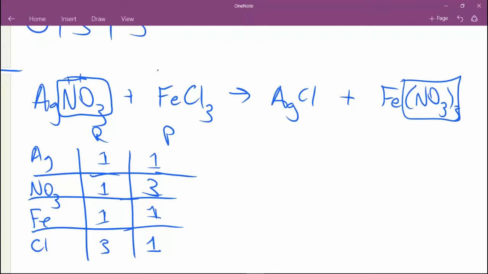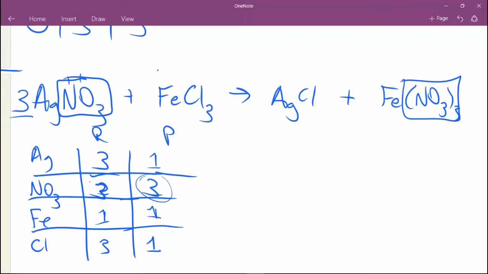Okay, so let's go ahead and see what I want to balance first. Let's start with nitrate. If I want to balance the nitrate, I see that I have 3 over here and only 1 over here. So to balance that, I need to put a 3 in front of the silver nitrate as the coefficient. And that changes the silver coefficient to 3. It changes the nitrate coefficient to 3.